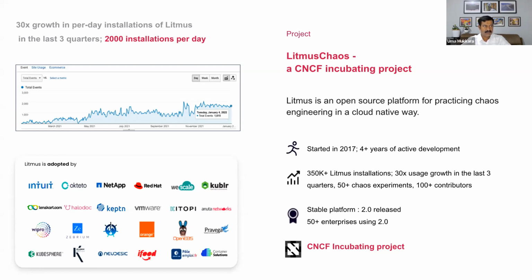And we see close to 2,000 installations a day of Litmus, so it's a popular one. And importantly, we have a monthly release cadence for more than 3 years now, right? And there are multiple stable releases we have made continuously. It is a credible, stable platform adopted by a large number of scaled users, right?